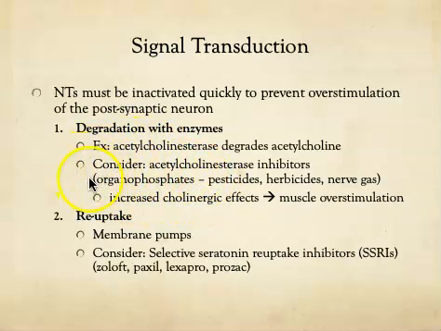What these chemicals do is inhibit the action of acetylcholinesterase, and that results in acetylcholine being allowed to stay in the synapse and act on the postsynaptic membrane for long periods of time. So you get what are called cholinergic effects, which include overstimulation of the muscles.